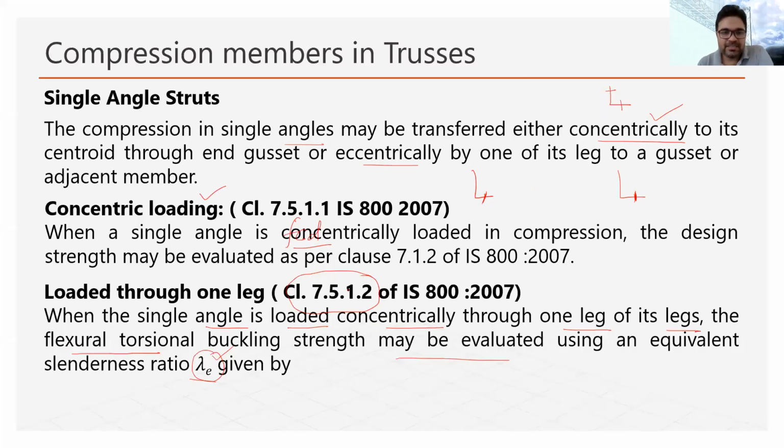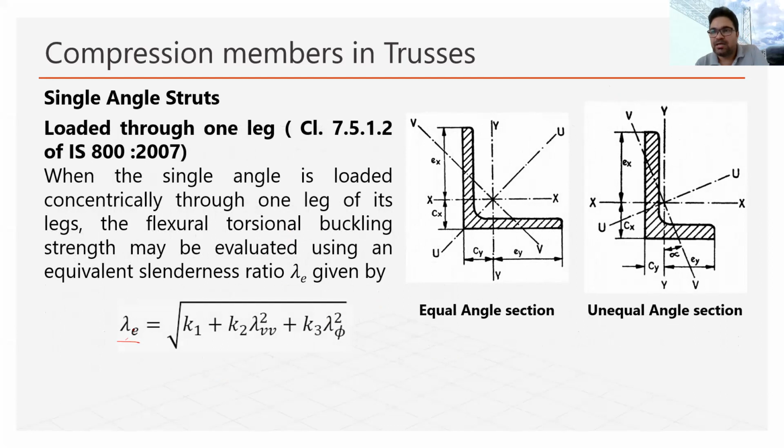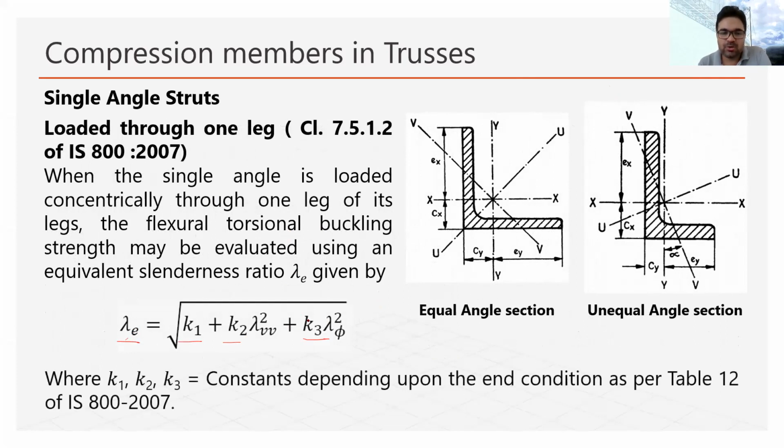As I said, we have to find lambda E, and lambda E depends on various parameters. This was the formula to calculate lambda E. Lambda E is called the equivalent slenderness ratio, and it depends on K1, K2 and K3. These are constants that depend on the end conditions, which means how many bolts are used there and whether it is a fixed or hinge connection.